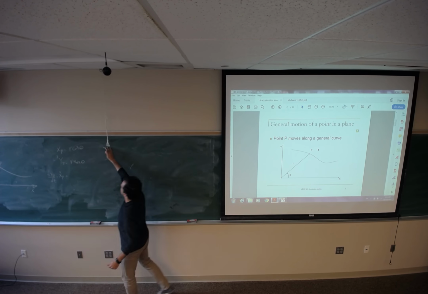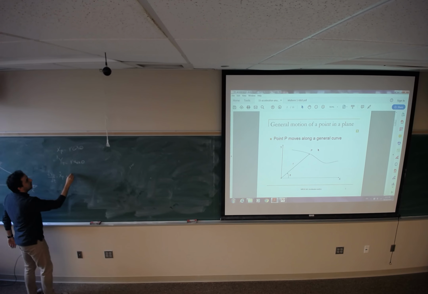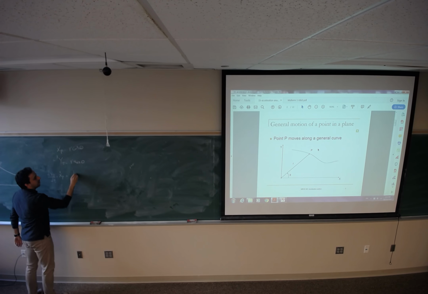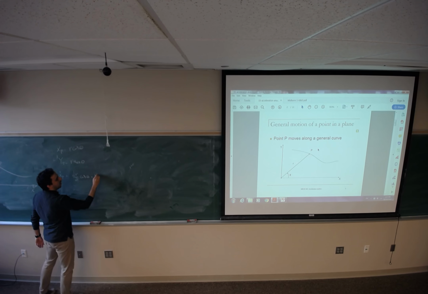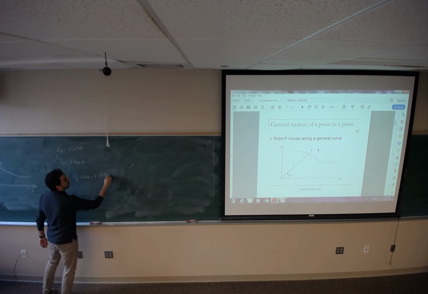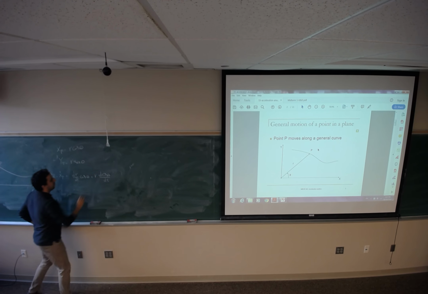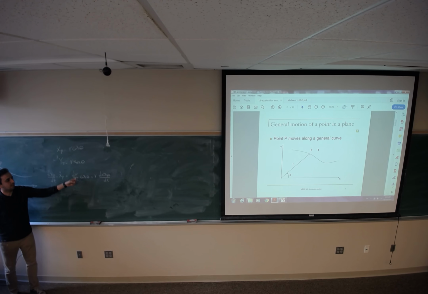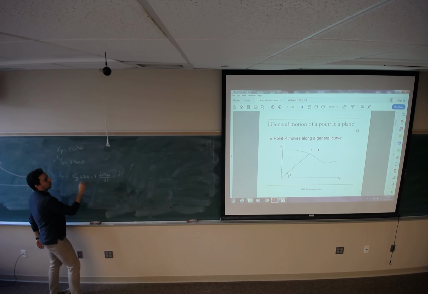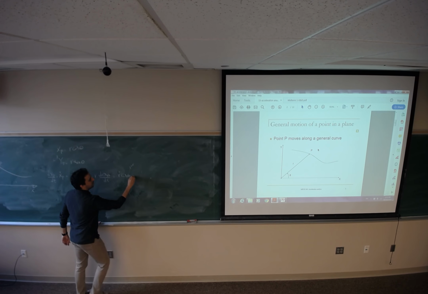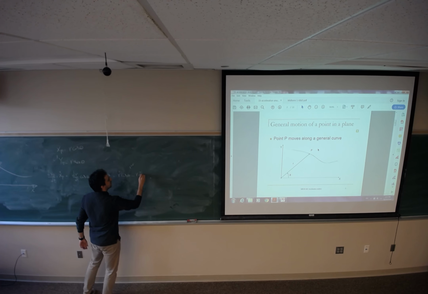So the derivative of r with respect to time times cosine of theta plus r derivative of cosine of theta with respect to time. This is not going to be 1. R is varying with time. We represent it by r dot cosine of theta minus r theta dot sine of theta.